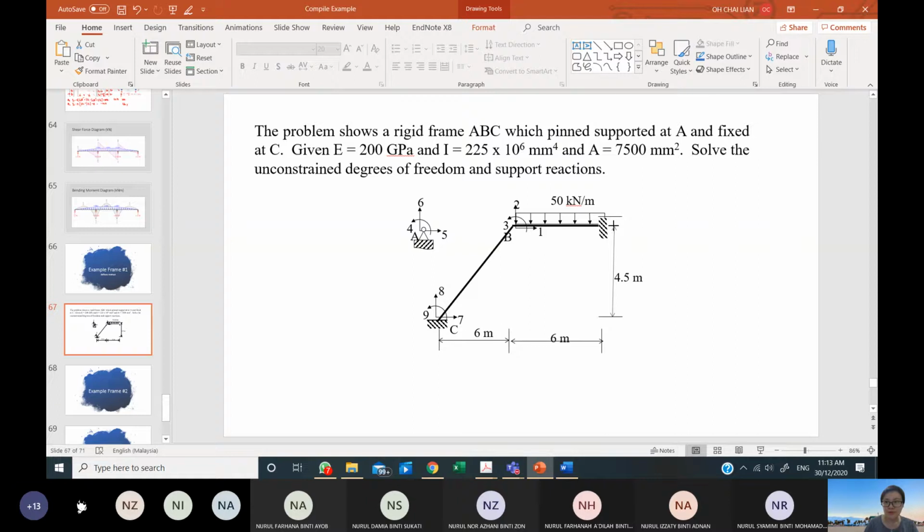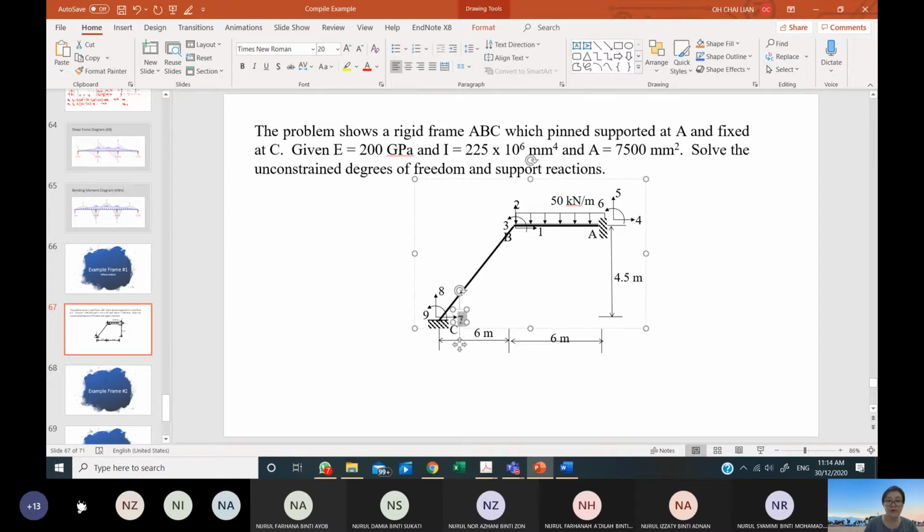Not that right. DOF, I shall get this. This is 1, 2, 3.